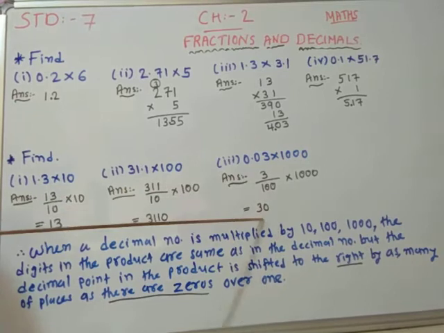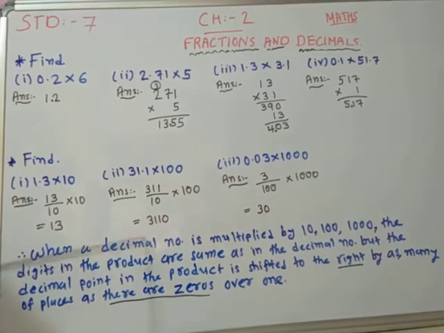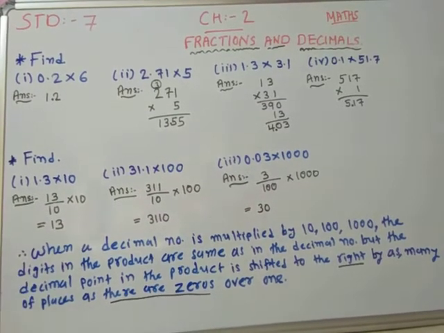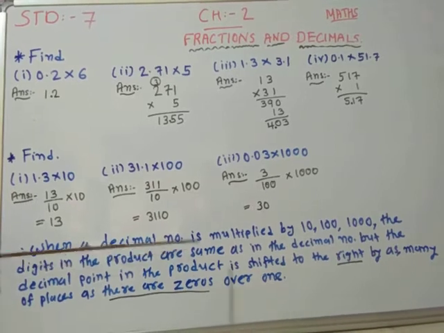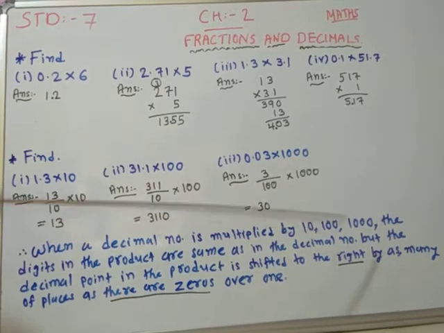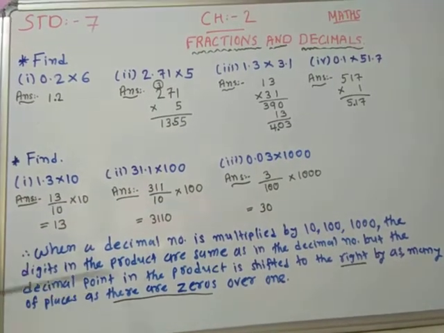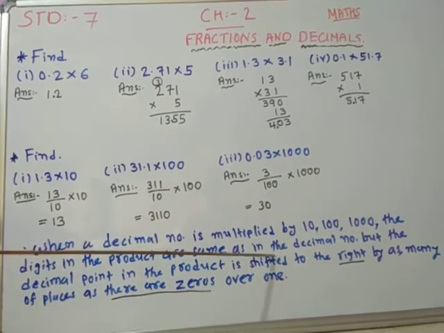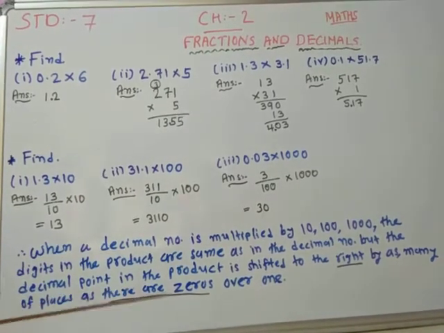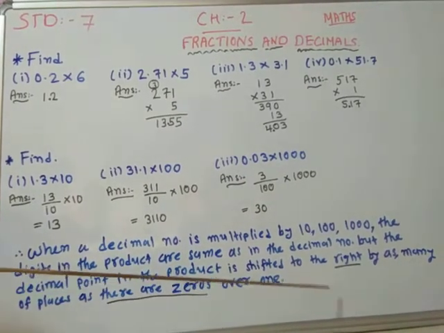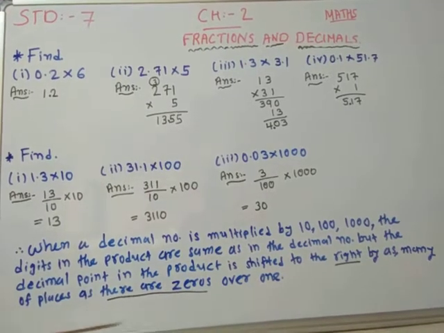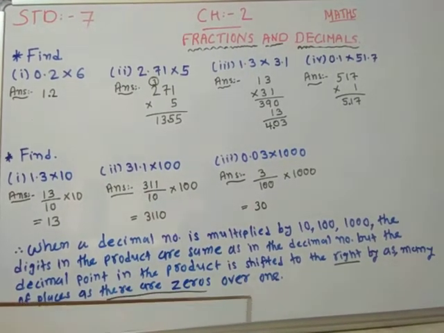So the answer is 30. Now from these examples we can observe that when a decimal number is multiplied by 10, 100 and 1000, the digits in the product are the same as in the decimal number, but the decimal point in the product is shifted to the right by as many places as there are 0s over 1.